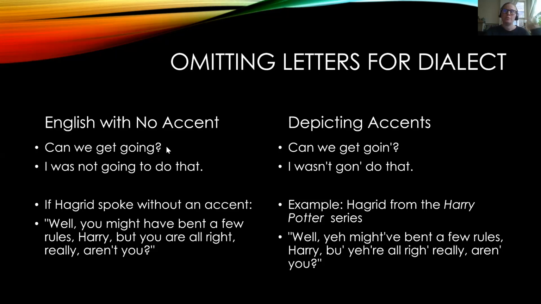A little casual question, maybe pushing us to all move along. With an accent, often people will drop the G at the end of their words. So can we get goin'? Right? And so we're going to use the apostrophe after the N to show that we took the G off and that we want the word to be said as if it has no G at the end. But that apostrophe acts as a placeholder so we can know that the author intended to forget the G, that they didn't just forget to put it on there.